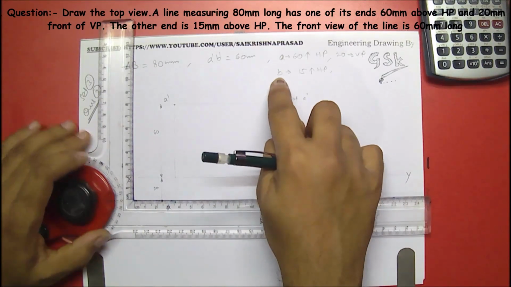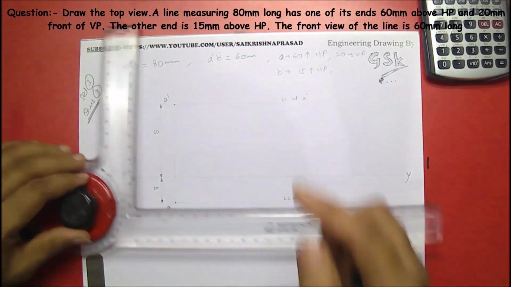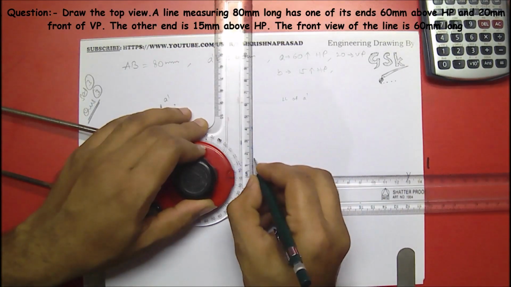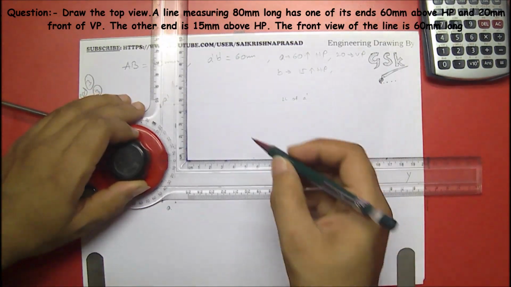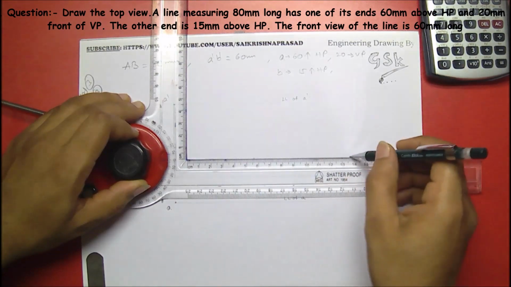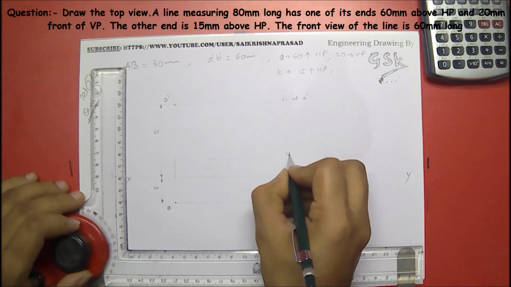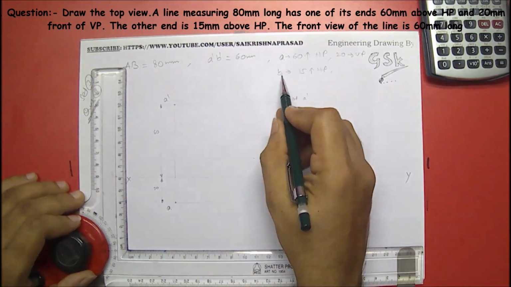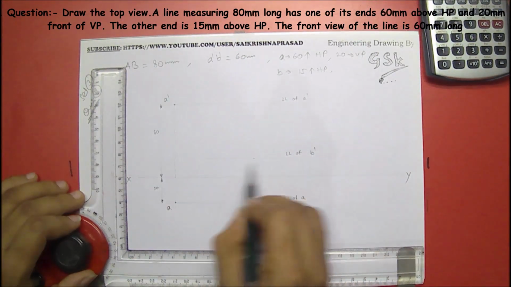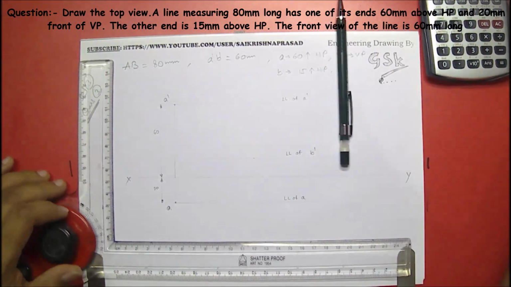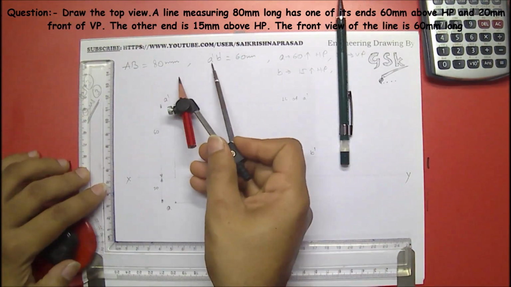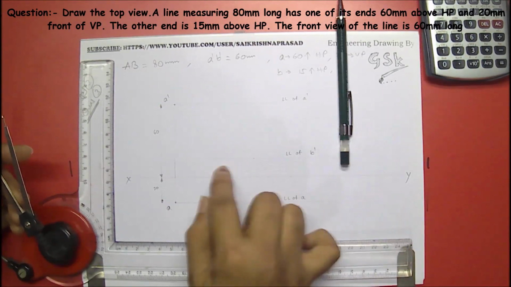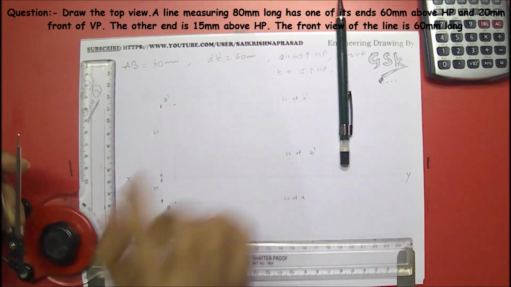Now another point B is given 15 mm above, right? So I'll be taking the locus line 15 mm above. This would be the locus line of B dash, because B is 15 mm above. On this line only we'll be getting the B dash. So in the question it is given that the front view means A dash B dash. So this is A dash, on this we'll be getting B dash. So the distance between them is 60.